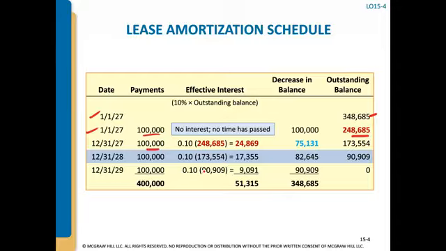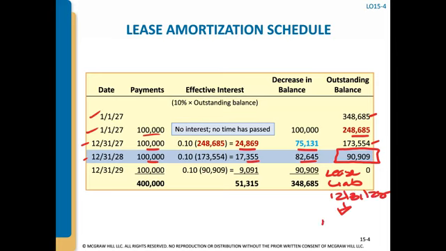That payment is allocated between interest expense and the reduction in the lease liability. So we have a carrying value of $173,000 at the end of 2027. And then at 12/31/2028, there's an additional $100,000. Again, this is the allocation between interest and the principal of the lease liability to give us this carrying value of the lease liability at the end of 12/31/28, which is the same thing as 1/1/29 for our purposes in this example.